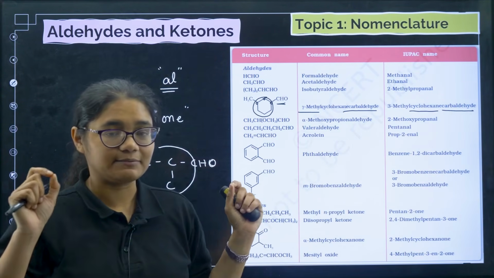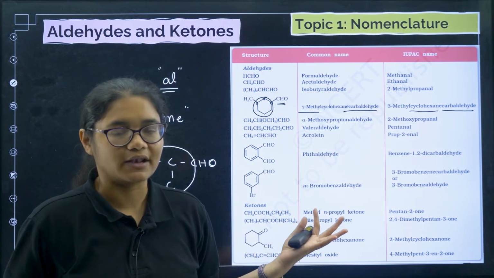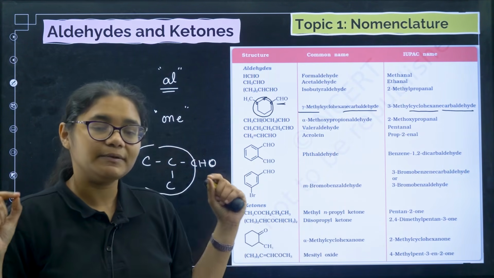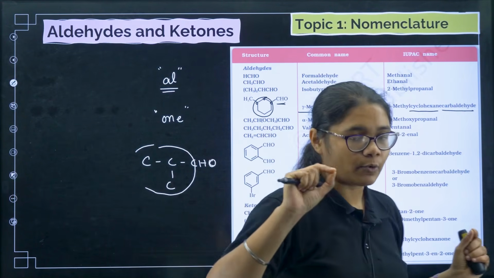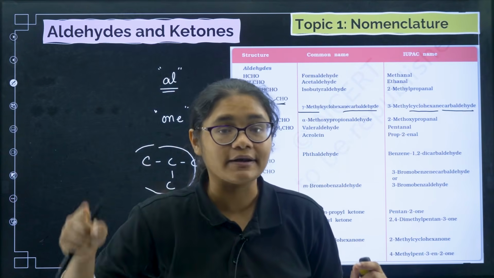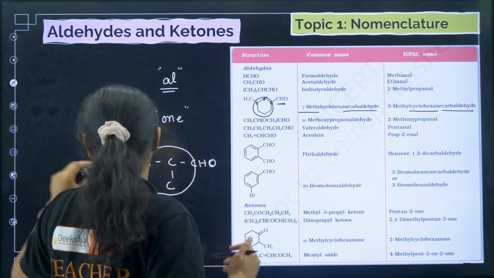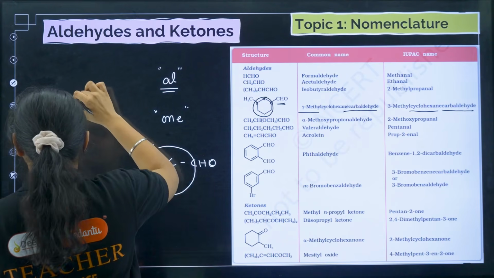This carbaldehyde name is very important because we often forget it and write cyclohexanal. Many students make this mistake, so please put this as a note point. Whenever a CHO group is attached to a ring, you have to use the word carbaldehyde. So the keyword to remember today is carbaldehyde.